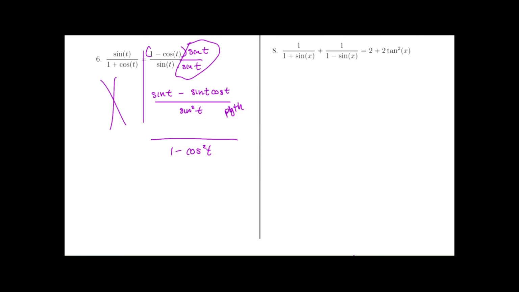And then on the top, I'm going to factor out a sine t because I see that in common to both of them. So I have sine t out here, and if I took a sine t away from this, I have a 1 that's left, right? You're undistributing that sine, minus cosine t. If you were to redistribute this, you would have sine t minus sine t cosine t, which is just what this step is. So I undid that distribution basically.